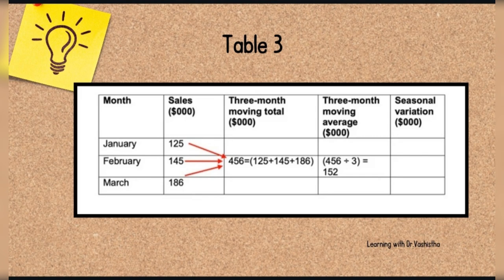And then we'll calculate the average of this total by dividing this figure by 3, as the average is usually calculated. The figure we divide by will be the same as the number of time periods we have added in our total column. Our 3-month moving average here would be 456 divided by 3, which is equal to 152.